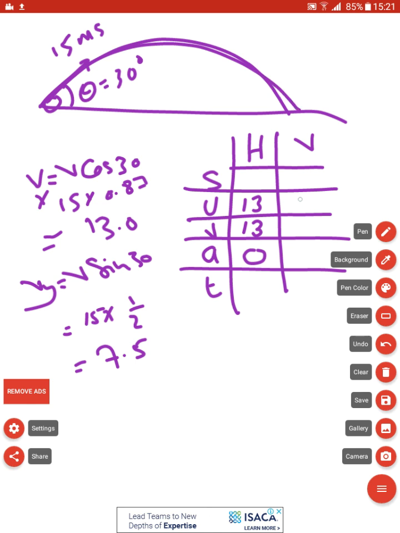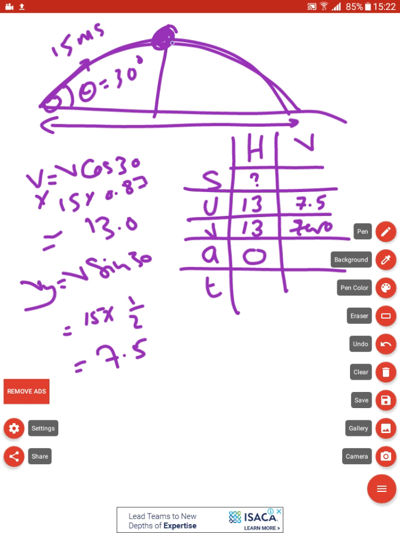The vertical speed initially is 7.5. The final speed at the maximum height is 0. If you ask to find for this point, the vertical speed is 0. The horizontal distance from here to here, the range, is unknown.